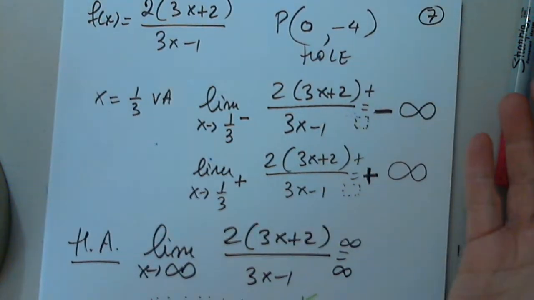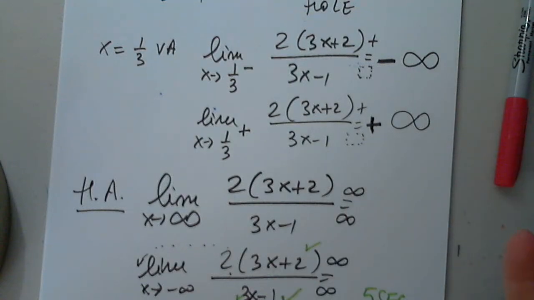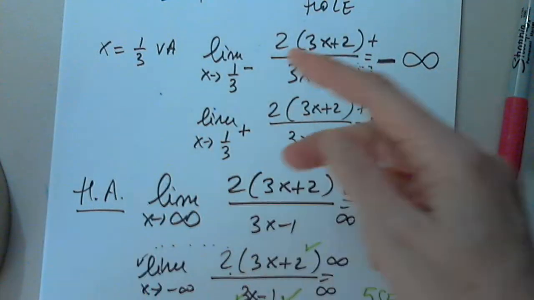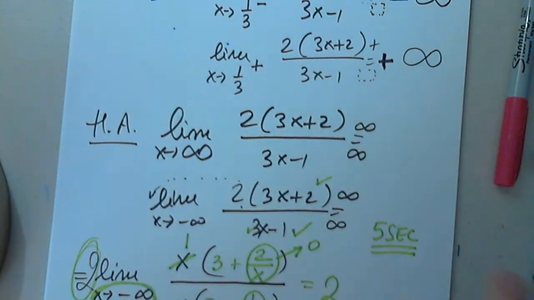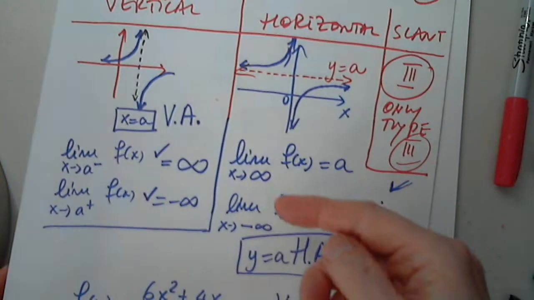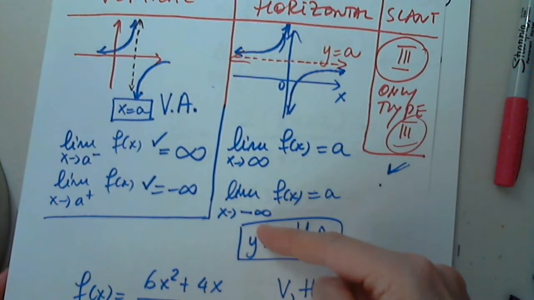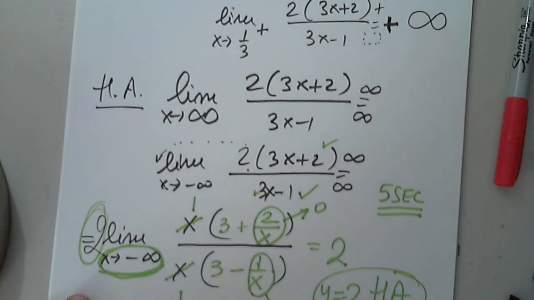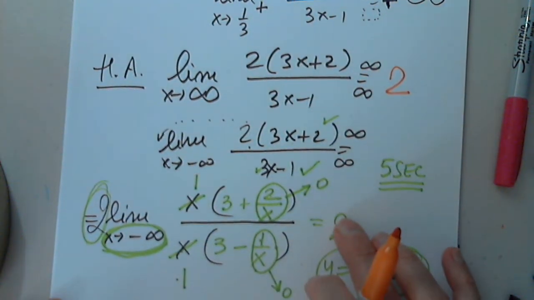I needed to graph whenever I get the chance to graph, when I'm asked to graph. Then for this, I have to find the limits left and right. Then I have to find the limits at infinity. Why? Because that's how I determine the horizontal asymptote, finding limits at infinity. Same thing, because this is a rational function.